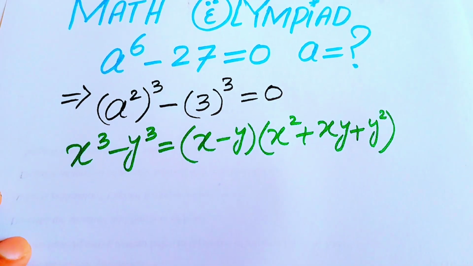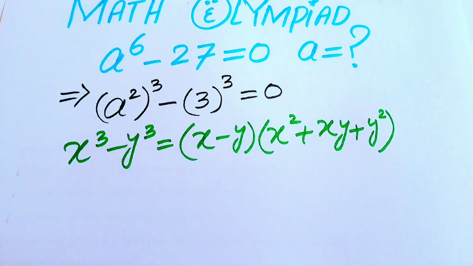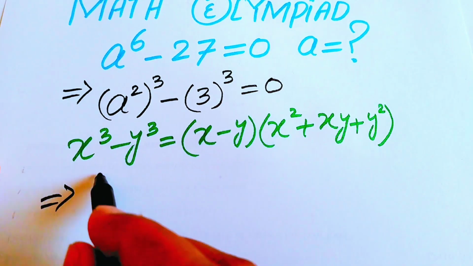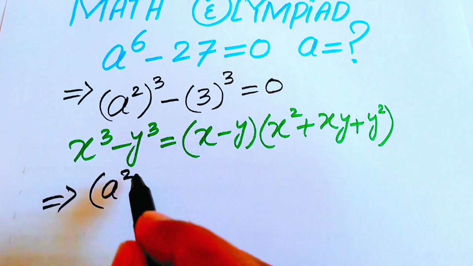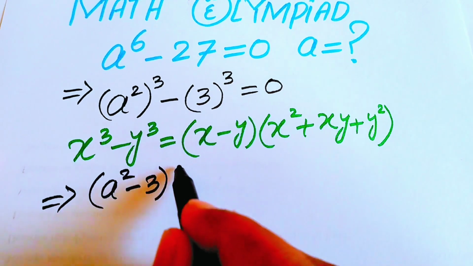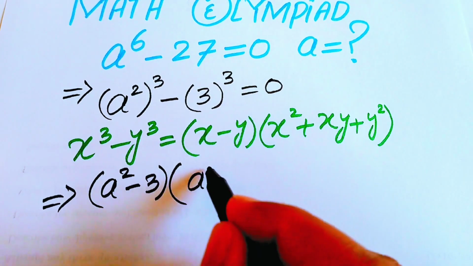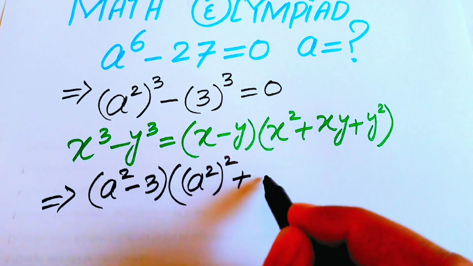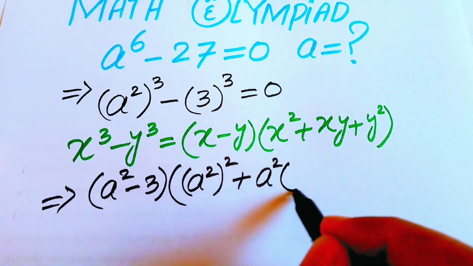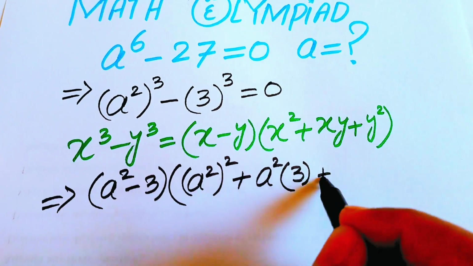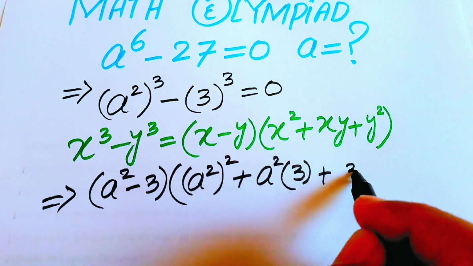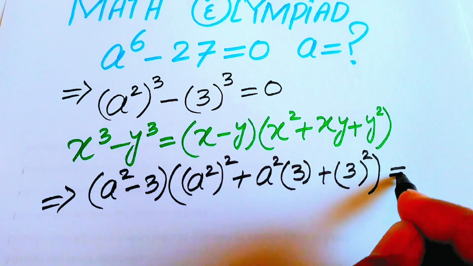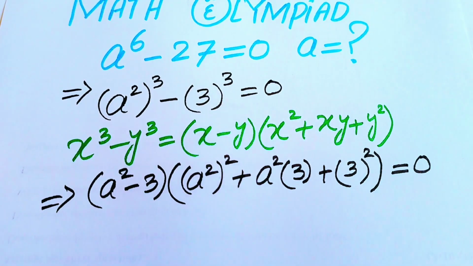When we apply this formula, it becomes a square minus 3 times a square and its whole square plus a square into 3 plus y square. So our y is 3 square, and this whole equation equals 0.